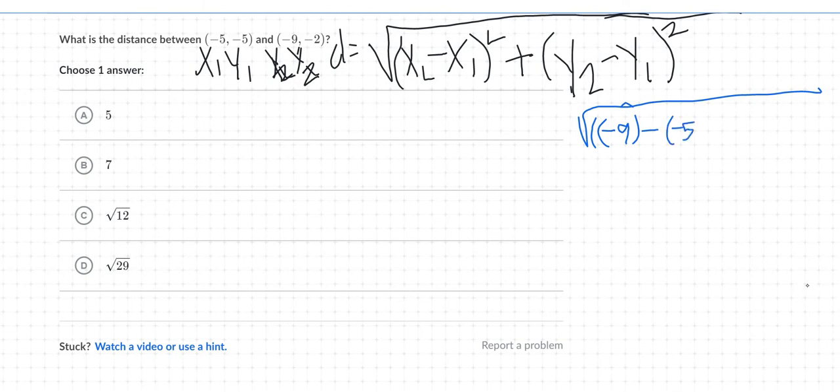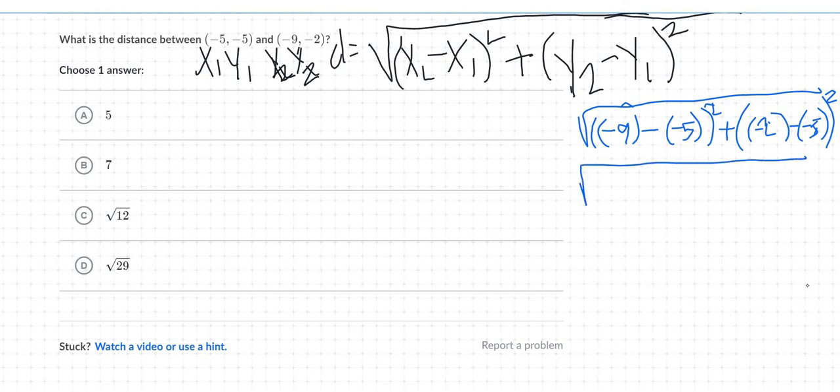Again, I'm putting it in parentheses so I don't forget my negative. And all of that is going to be squared. Plus y2, which is -2, minus my y1, which is -5. I know you see a lot of parentheses. I just like putting parentheses because often students forget the negatives, and that throws off the answer.